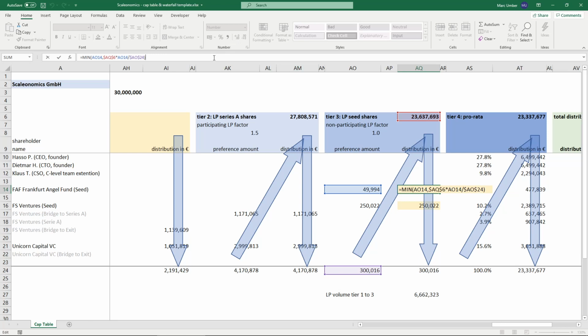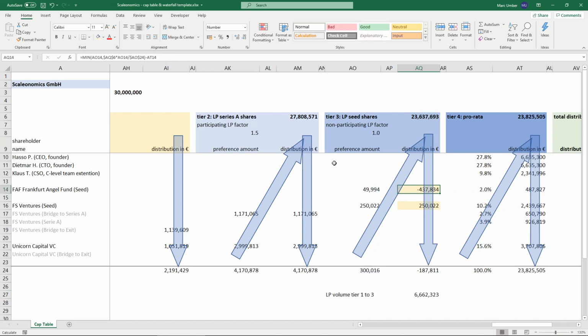And this is where we introduce this circular reference, because we were going to simply subtract the amount that is paid on the tier after the non-participating liquidation preference. And this will result in a highly negative number.